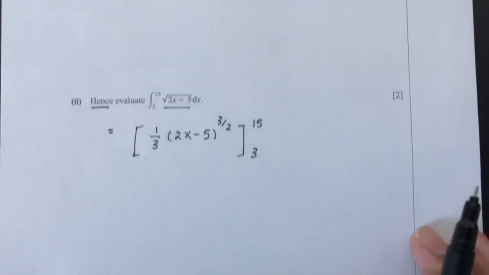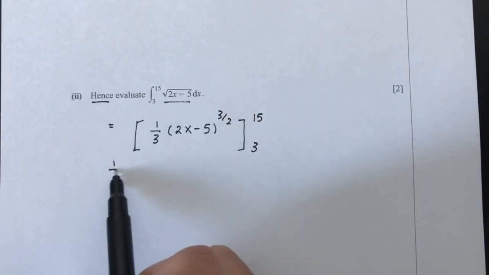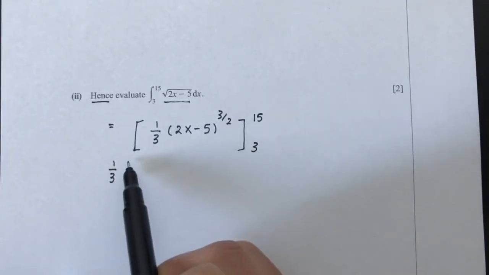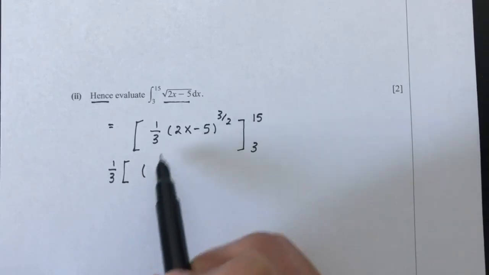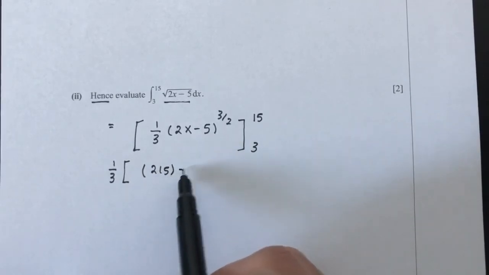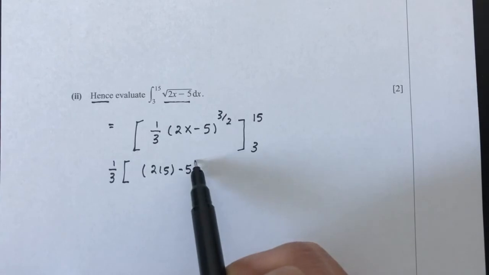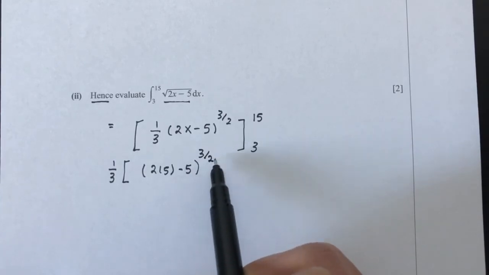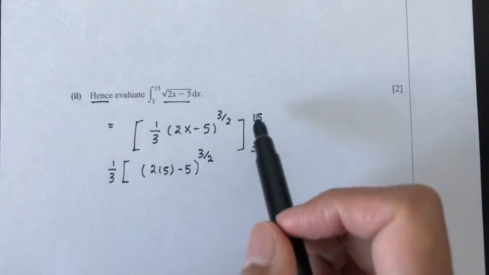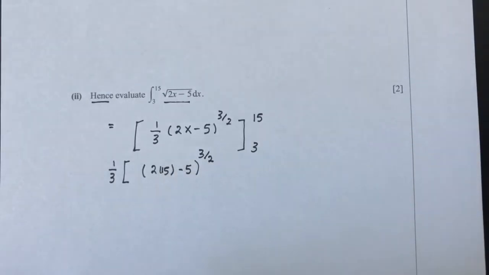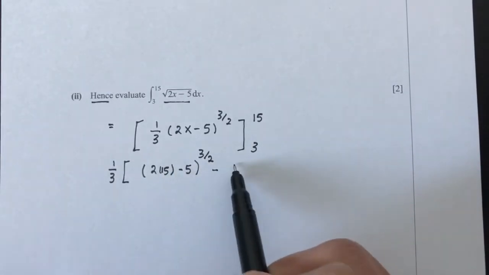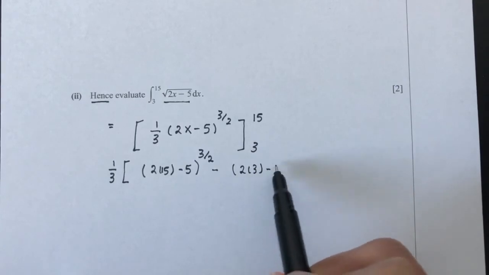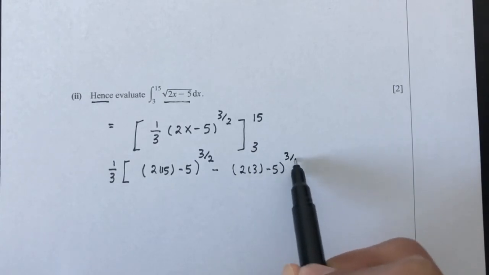So one by one, I can first take out the value of 1 over 3 because it is only a multiple. The inside value will be 2 times 15 minus 5, 3 over 2. So it's 15, not 5, 15. Okay, 15. And then we have minus 2 times 3 minus 5, 3 over 2.